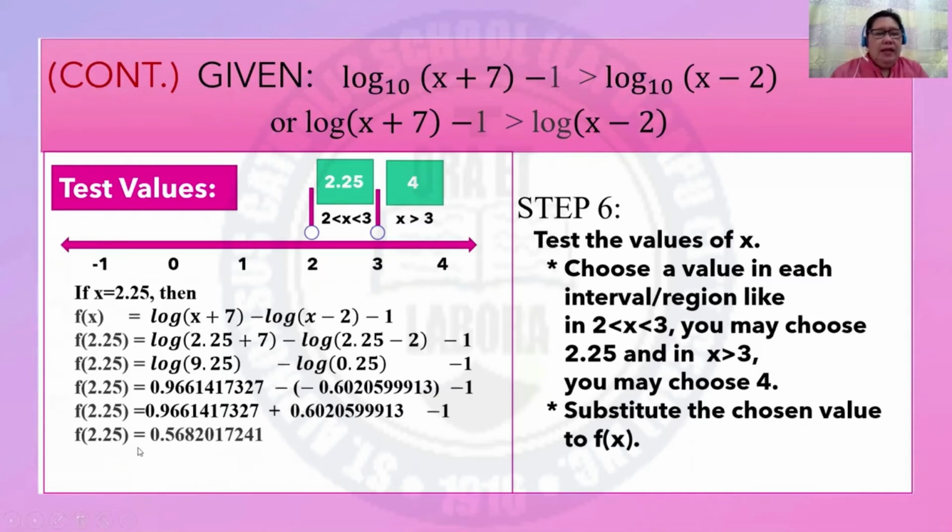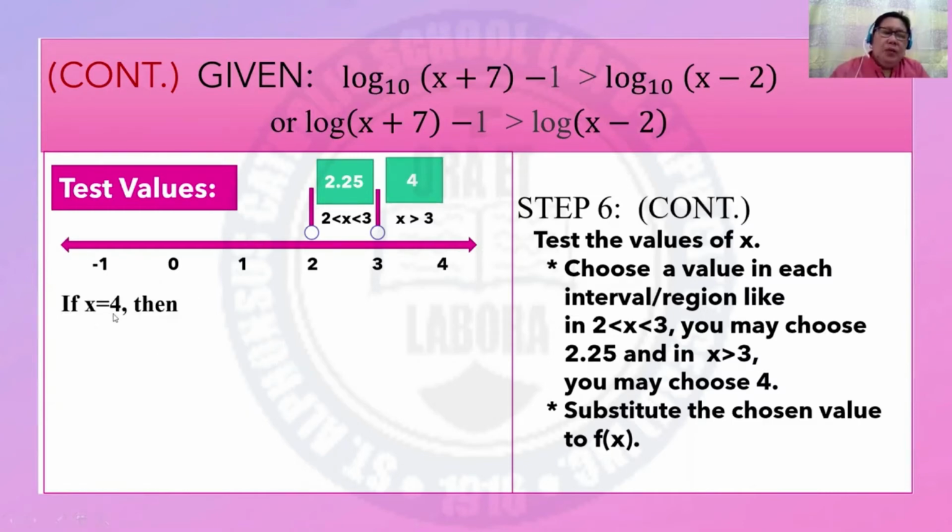And the value of f of 2.25 is 0.568201721. All you have to do is to round off this to 2 decimal places. So what we have is 0.57.